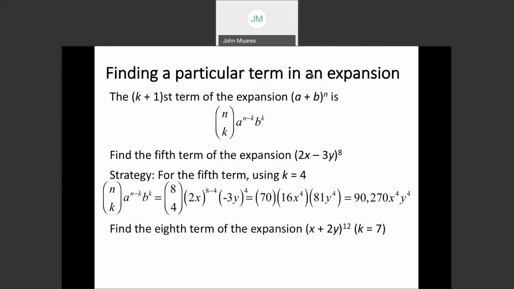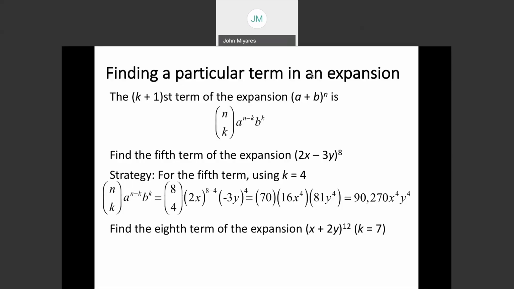Let's try one more and then we'll wrap this up. Here we want the eighth term of the expansion, x plus 2y to the 12th. Again, if I want the eighth term, I need to back up to k equals 7 because my first entry in the row is actually entry 0.